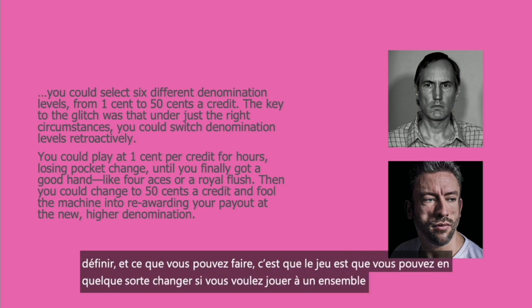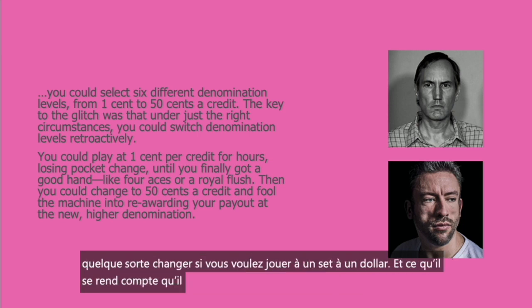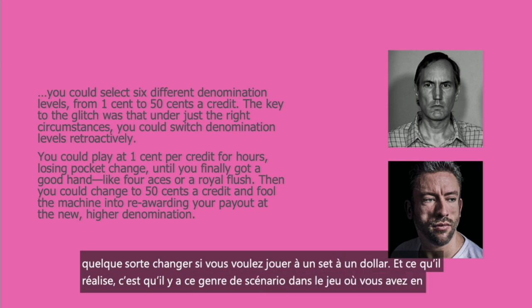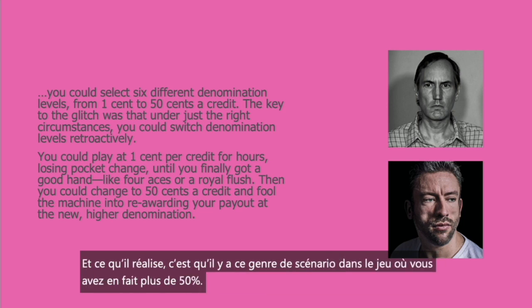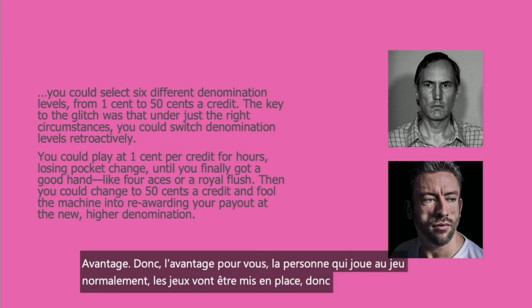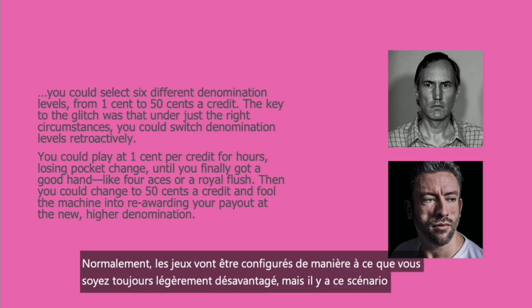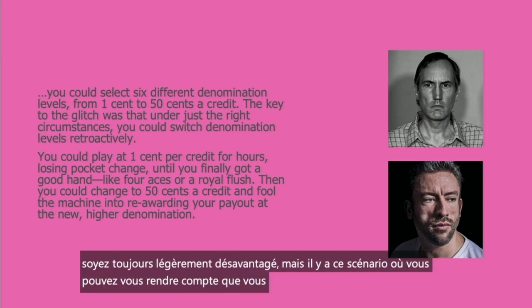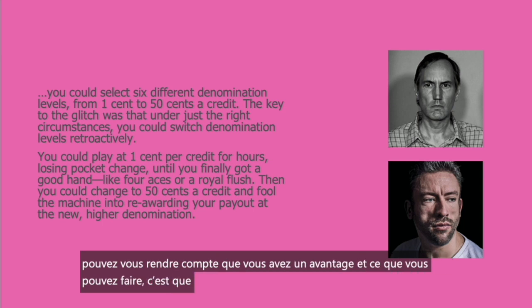What he realized is that there's one scenario in the game where you actually have more than a 50% advantage. So the advantage is to you, the person playing. Normally, the game's set up so you're always at a slight disadvantage. But in this one scenario you have an advantage, and then you can switch the denomination, and the machine will let you do this.